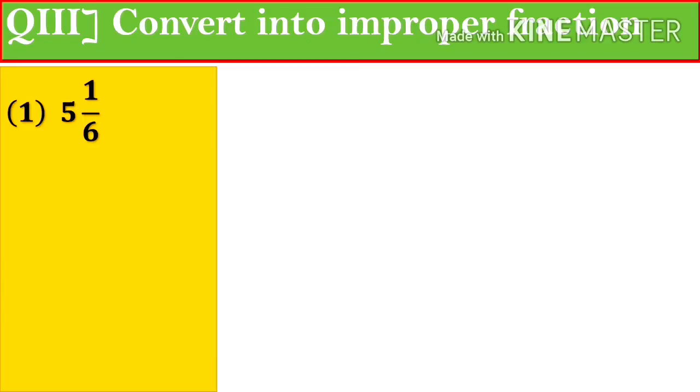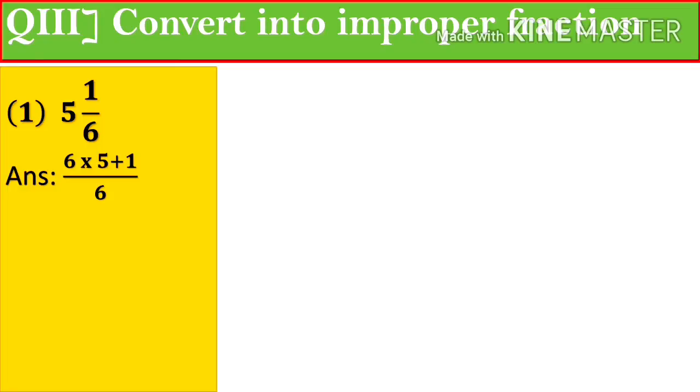Now, let's see question number 3. Convert into improper fraction. The first question is given: 5, 1 upon 6. I have explained how to convert a mixed fraction into an improper fraction.